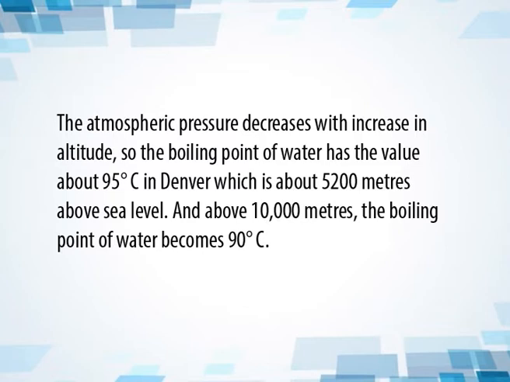And above 10,000 meters, the boiling point of water becomes 90 degrees Celsius. Since liquids boil at low temperature values under vacuum, the vacuum distillation technique can be applied to distill high boiling liquids that would decompose otherwise at their normal boiling points.